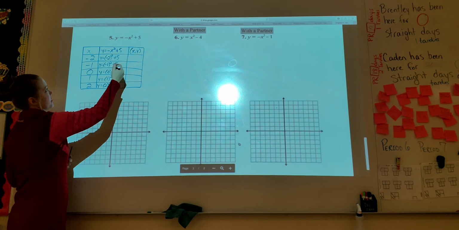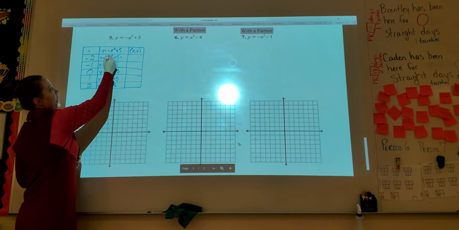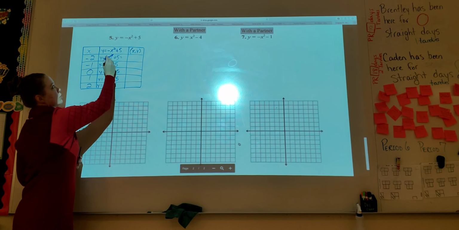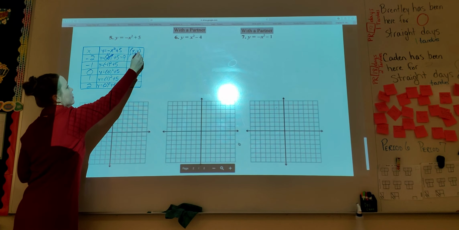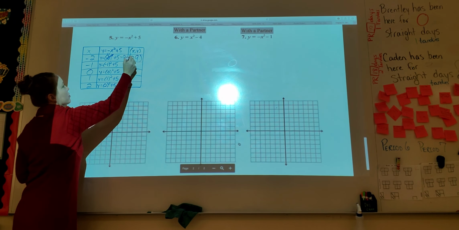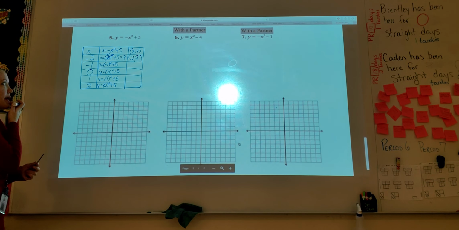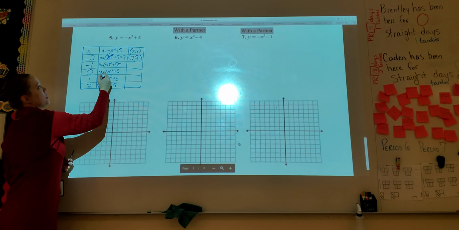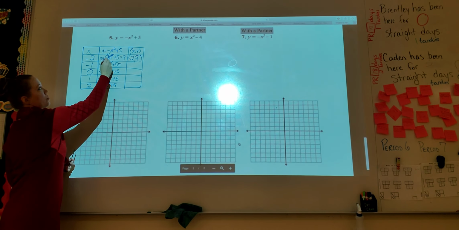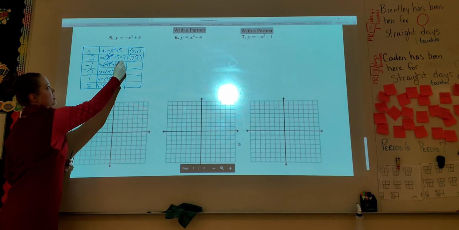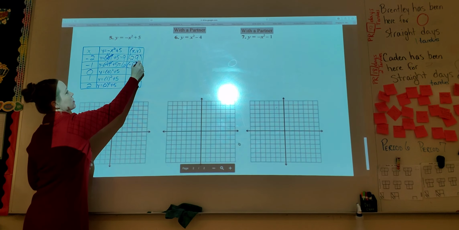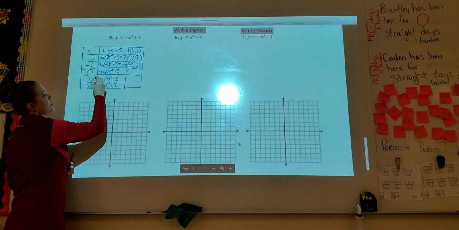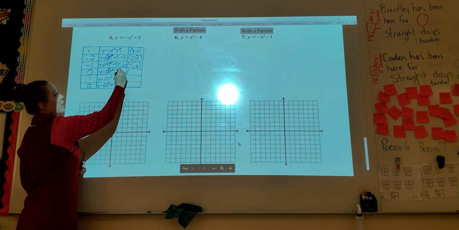All right, now I'm going to work these out. So -2 squared, -2 times -2 is 4. 4 plus 5 is 9. So that is going to be my y, and my x is -2. -1 times -1 is 1. 1 plus 5 is 6. So I've got -1 and 6. 0 squared is 0. 0 plus 5 is 5.